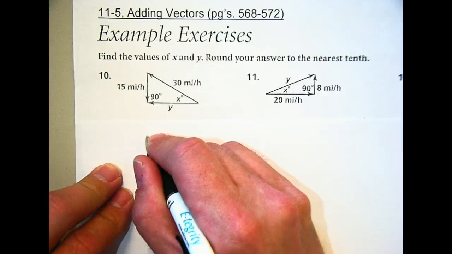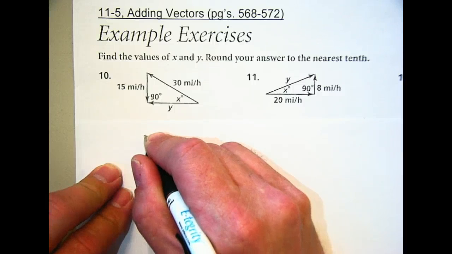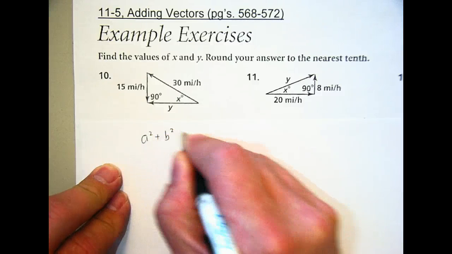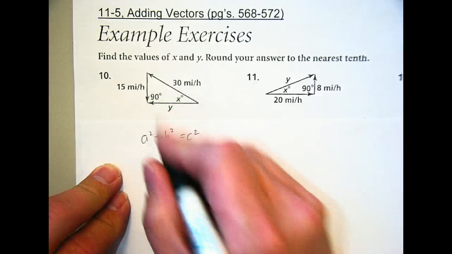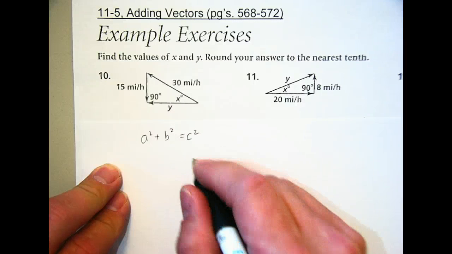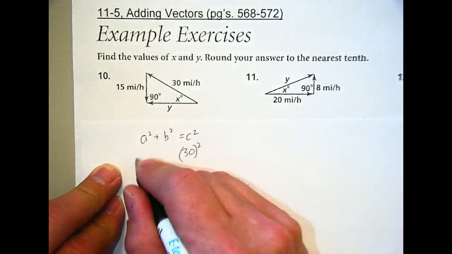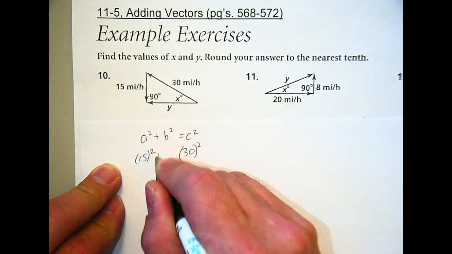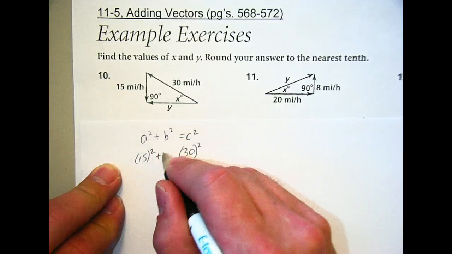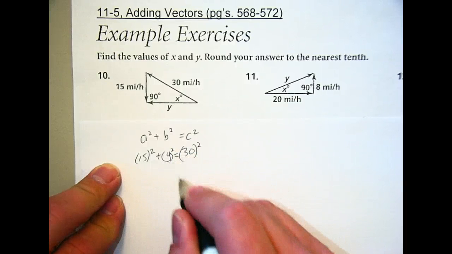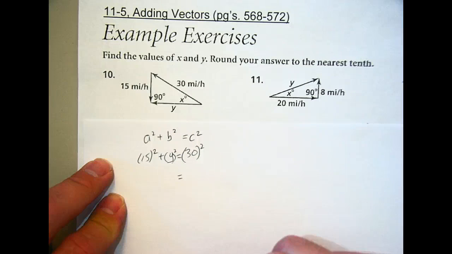So the Pythagorean Theorem, Brianna, is what? Okay, and if we do that, what's C? 30. And what's A? 15. And we're trying to find B. In this case, we're calling B y. So what did you end up with? Yep.